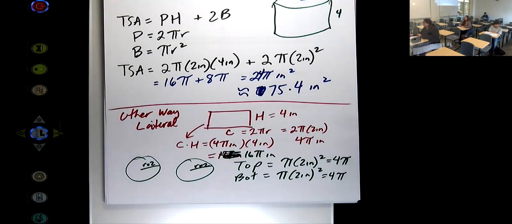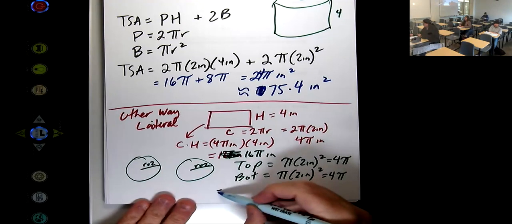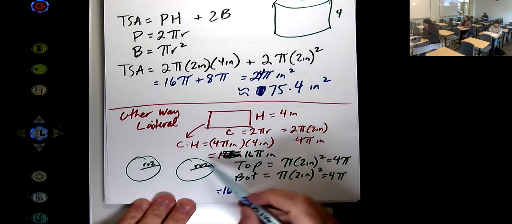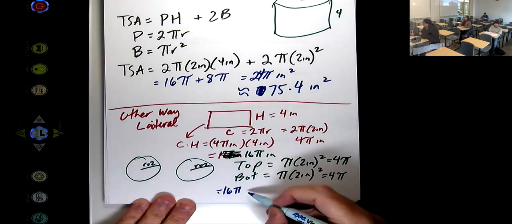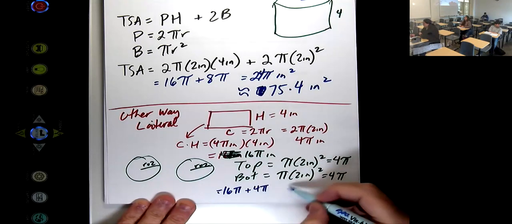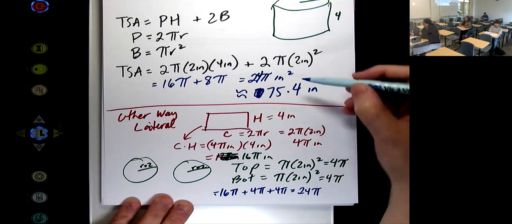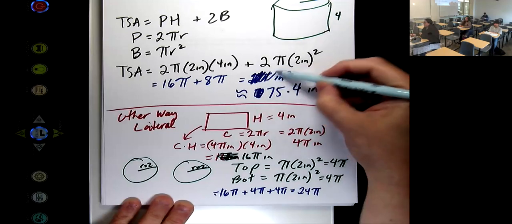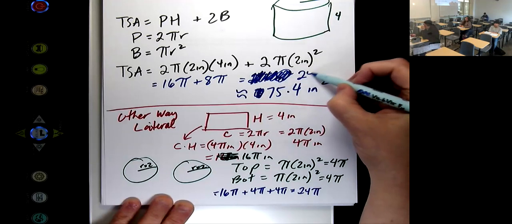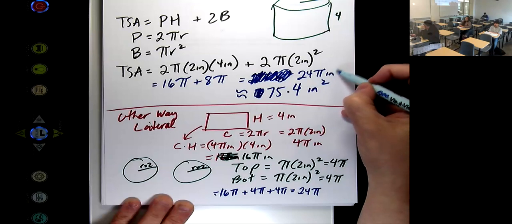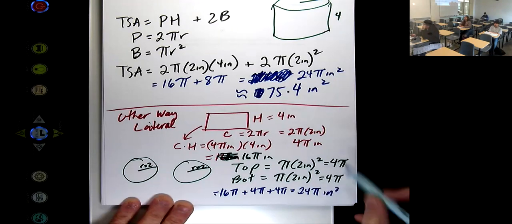And if you add up 16 pi for the rectangle, and 4 pi for the top and 4 pi for the bottom, you get 24 pi. Like I had right here. That doesn't look very good. Let me rewrite that before I turned it to a decimal.